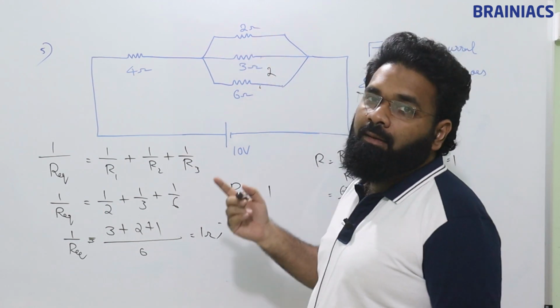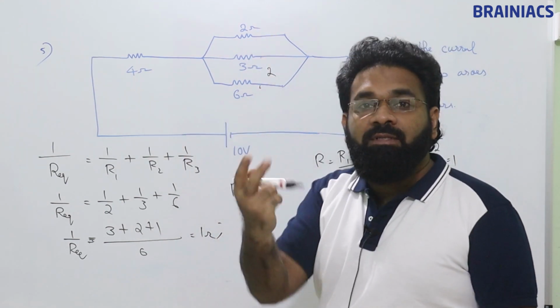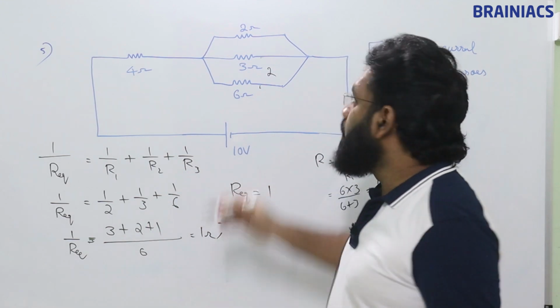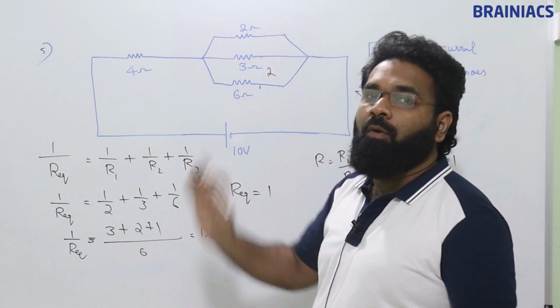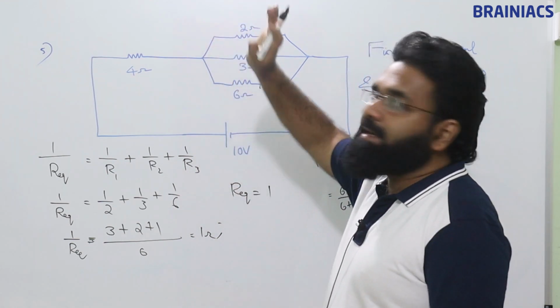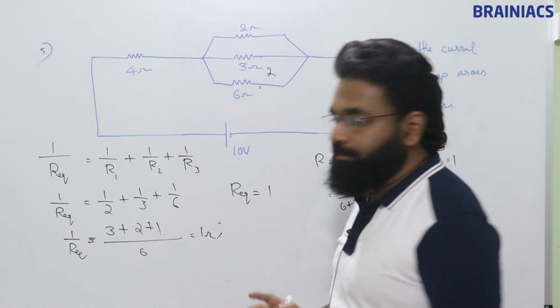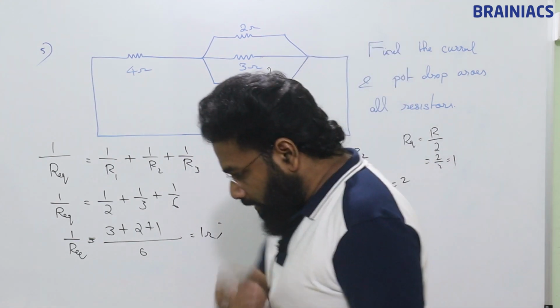Then 2 and 2 parallel, exactly half. Two same resistances in parallel, take half. So 1 ohm. You should finish that calculation in 3 seconds. Okay, so we got the equivalent resistance.